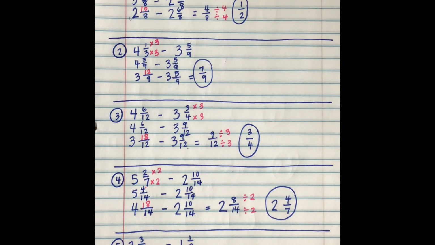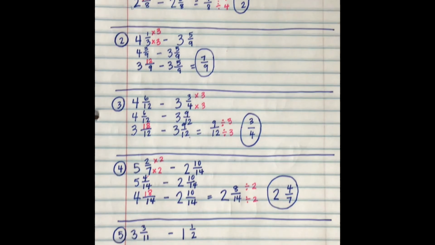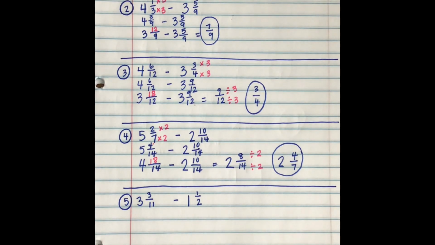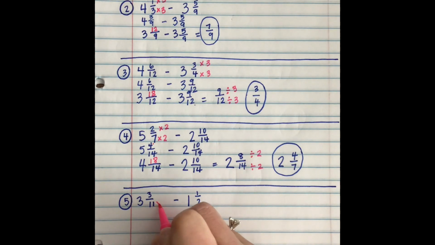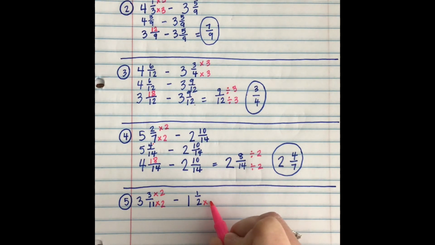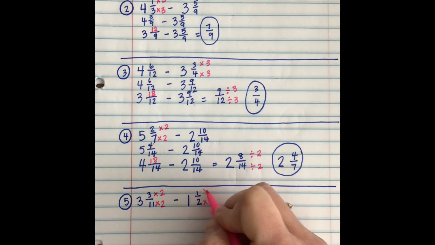So our last problem is 3 3/11 minus 1 1/2. So a common denominator for 11 and 2 is going to be 22. So I have to multiply both of these by something. So 11 times 2 is going to turn into 22. So I have to do the same thing to my numerator. Over here, I'm going to multiply this by 11 and my numerator by 11.